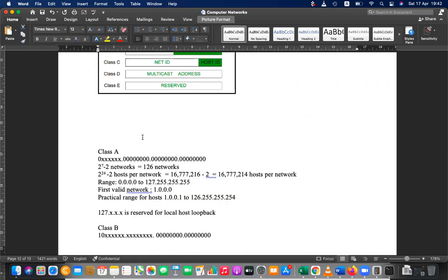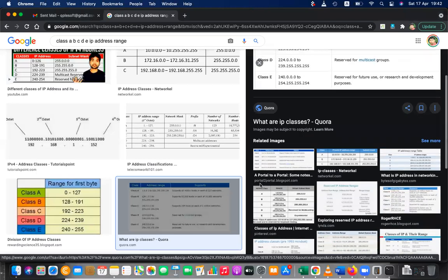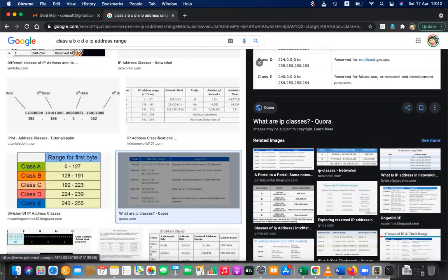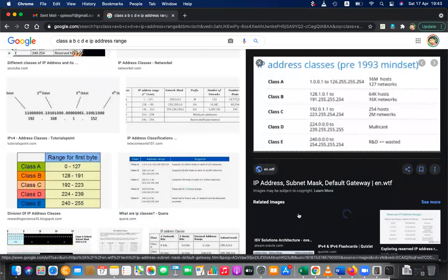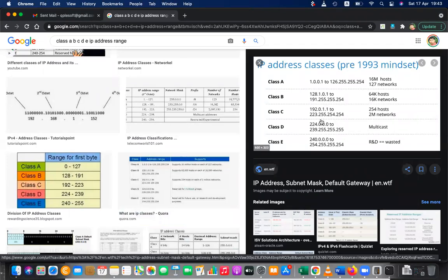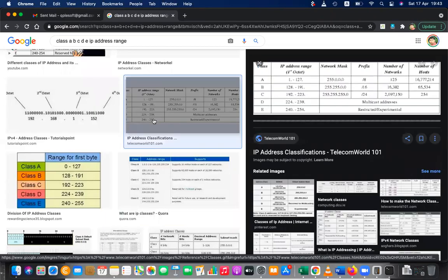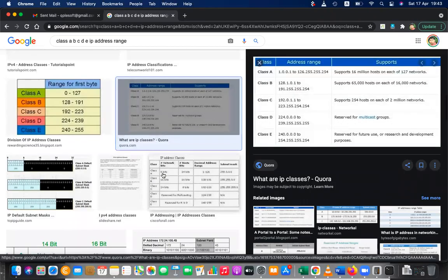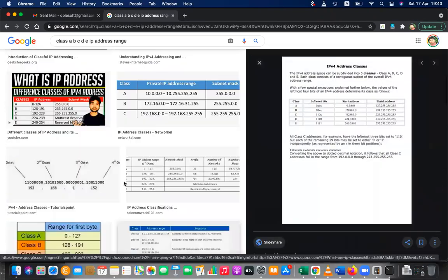So I don't like this figure. It seems wrong. It's also correct, but it has fewer details.